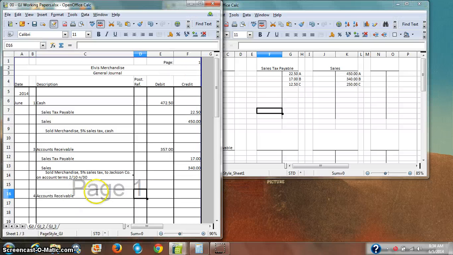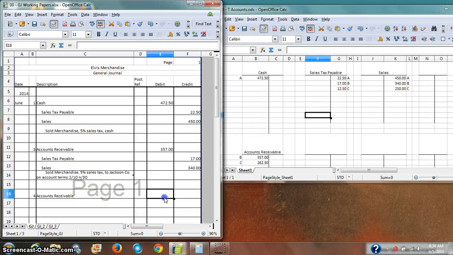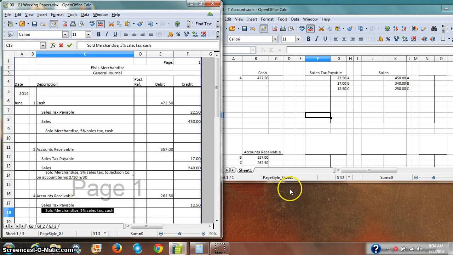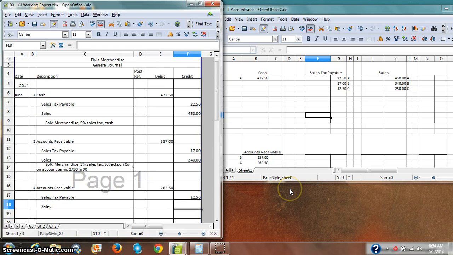Again, accounts receivable. The amount is $262.50. Sales tax payable, and of course there's the general journal formatting, debits first, credits second. Everything should add up. $262.50. Sales tax payable $12.50, and we'll do sales of $250.